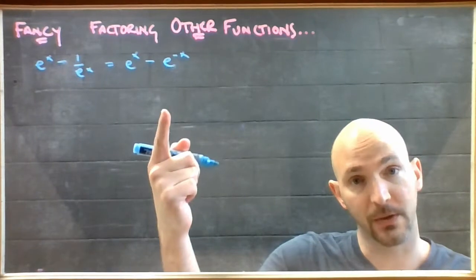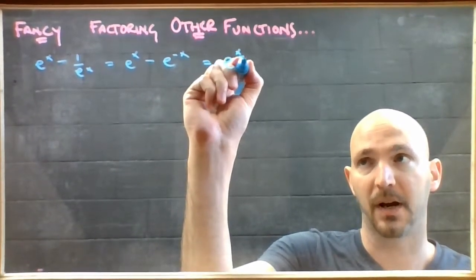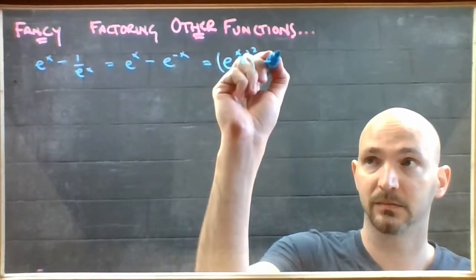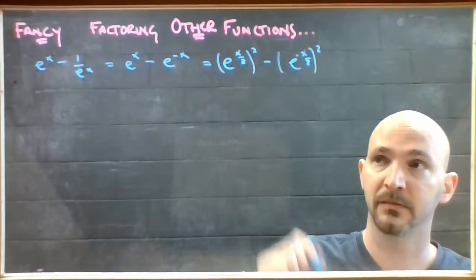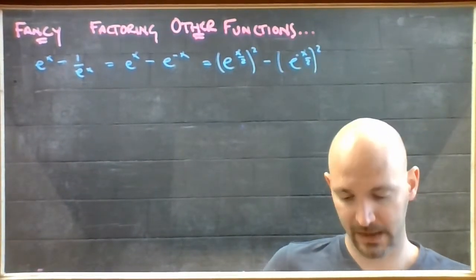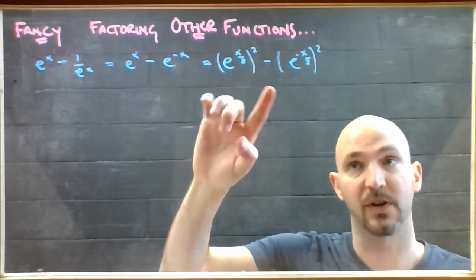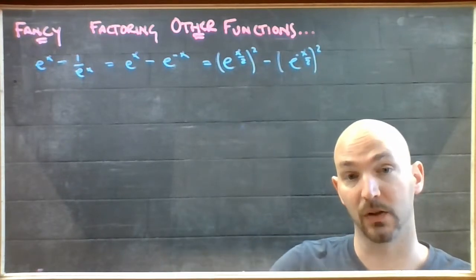And you could turn this into something squared by making the exponent over 2, like so. And so once you have it in that format, you can see that it's an e to the x over 2 squared, subtract an e to the negative x over 2 squared. This is what our difference of squares normally looks like.